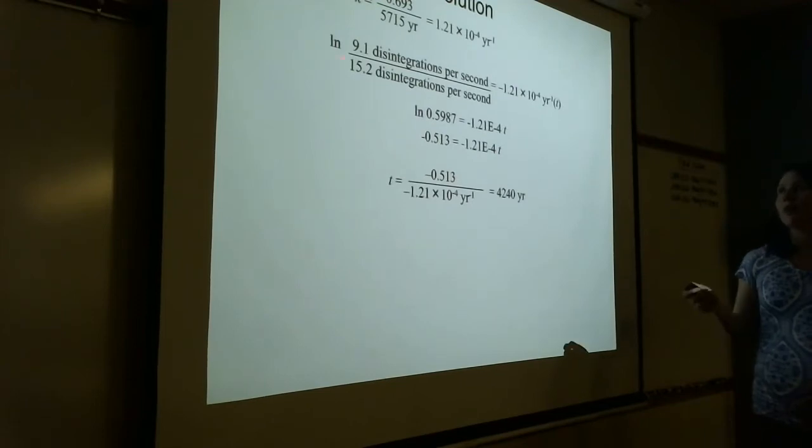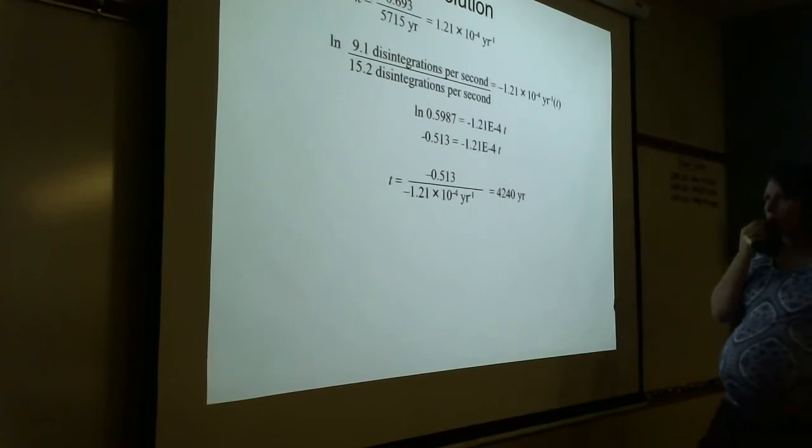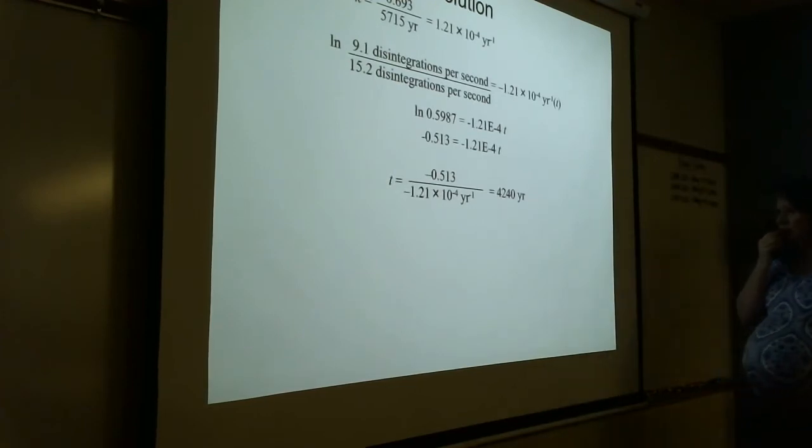This is using the linear version of the integrated rate law, the slope-intercept form. Think about this one. Make sure you understand how we got this number. Does everyone see how we arrived at 4,240 years?